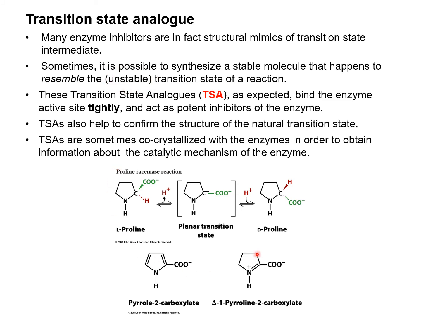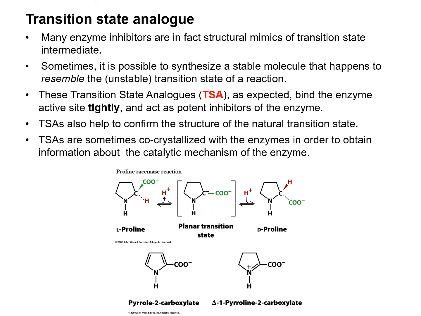And this is an example of the reaction that is catalyzed by the proline racemase, where it changes the L-proline to D-proline and vice versa too. And it has this intermediate state, and this racemase has the transition state analogs that were discovered, which basically mimic the structure of this intermediate substance.